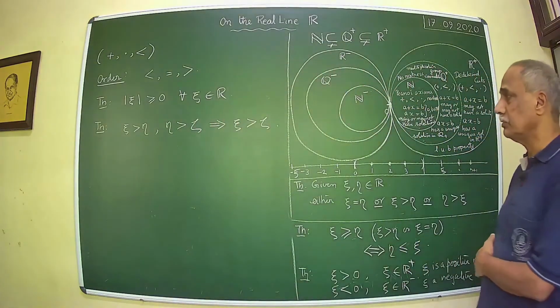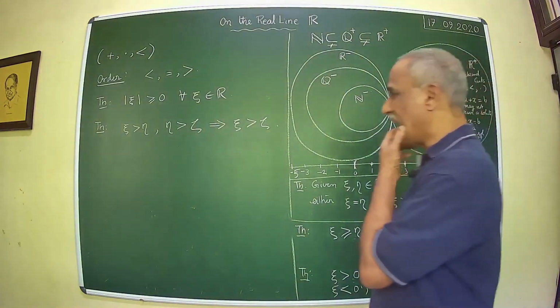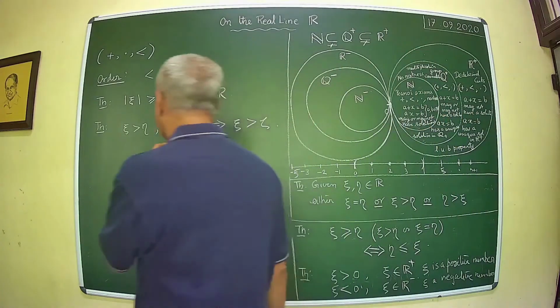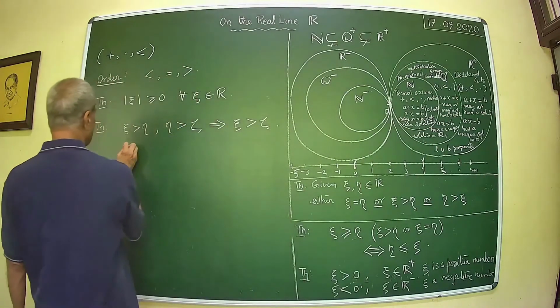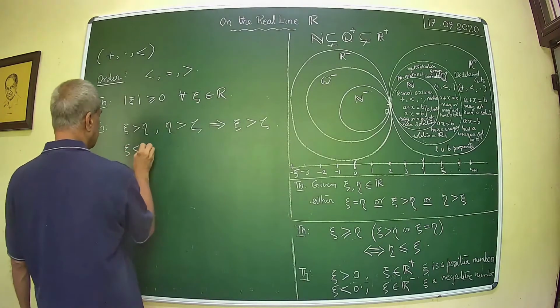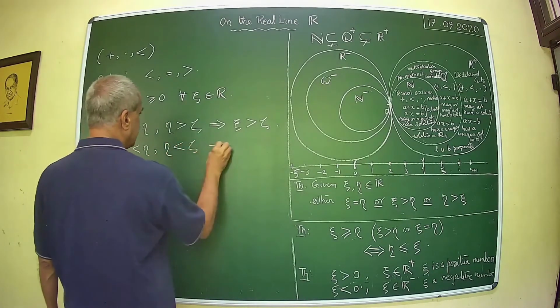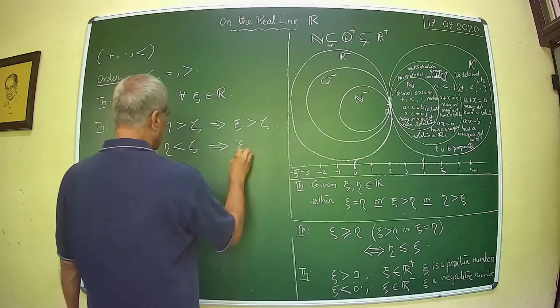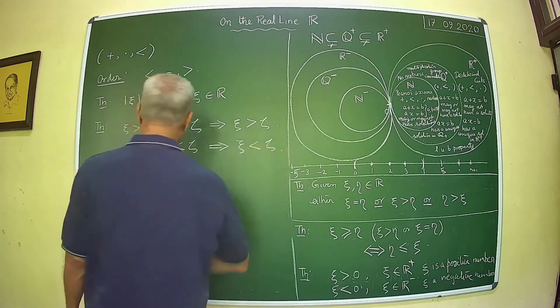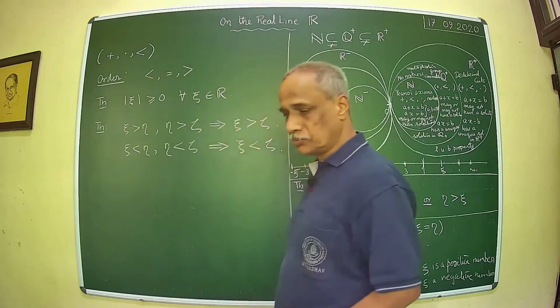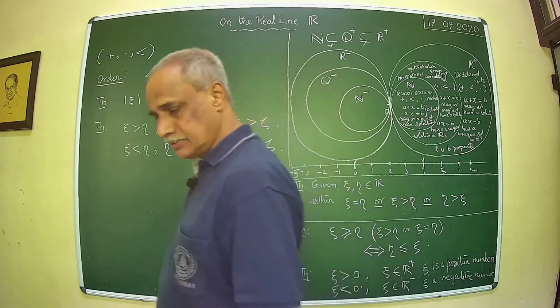This is the transitivity property. And equivalently, you also have this property that psi less than eta, eta less than zeta implies psi is less than zeta. So these two properties are straight away there.